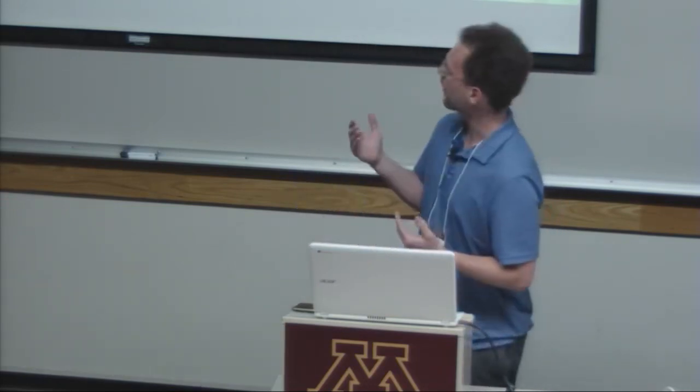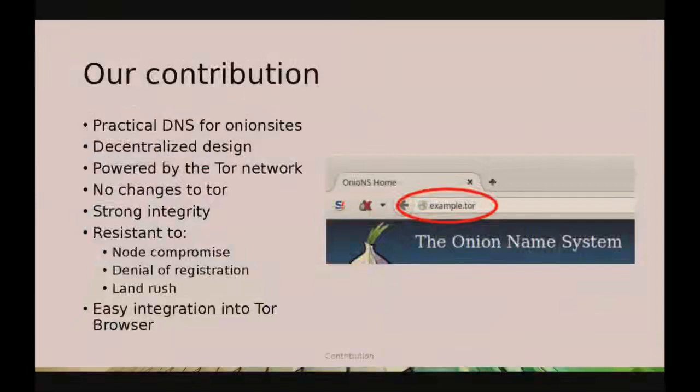So this is our contribution. We have made a practical DNS for onion sites. It has a decentralized design. It's powered by the existing Tor network. We are recycling that infrastructure for our own purposes. It requires no changes to the little-t tor binary.